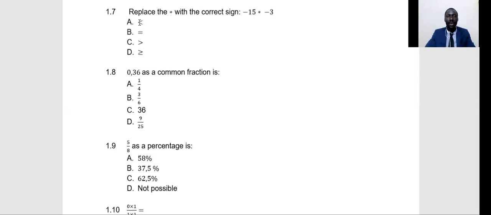Then, when we look at this sign, this one means less than. So is negative 15 less than negative 3? Is that the case? Or is negative 15 greater than negative 3? How do we decide that?